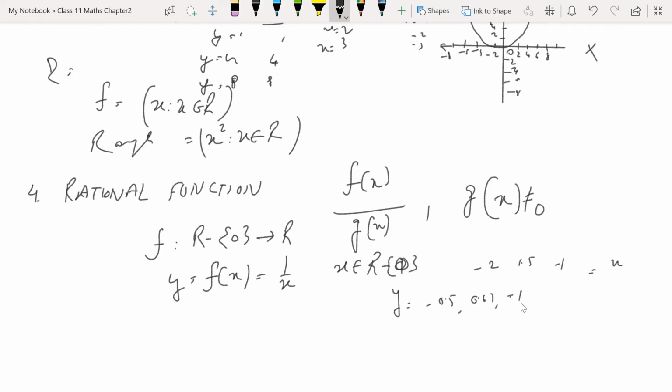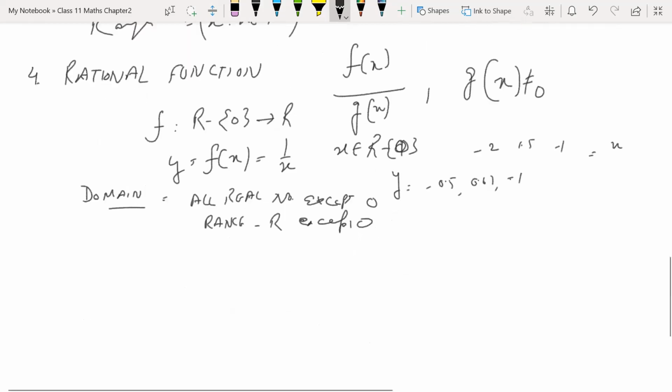So what is the domain of such a type of real valued function? Domain is all real numbers except 0, because R minus 0. And range is also all real numbers except 0.